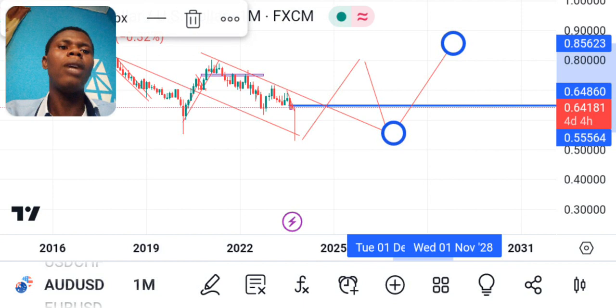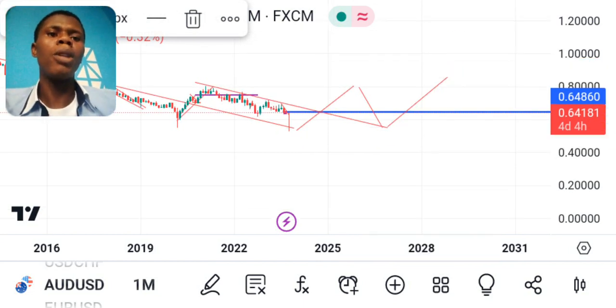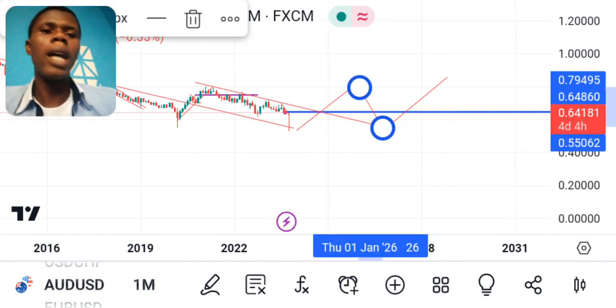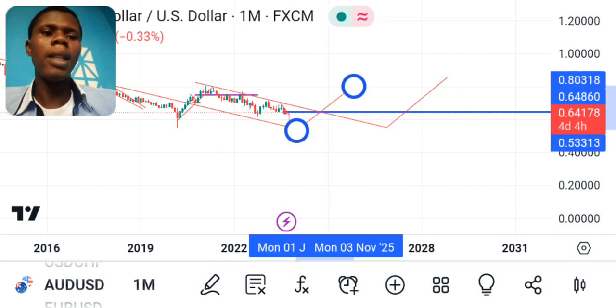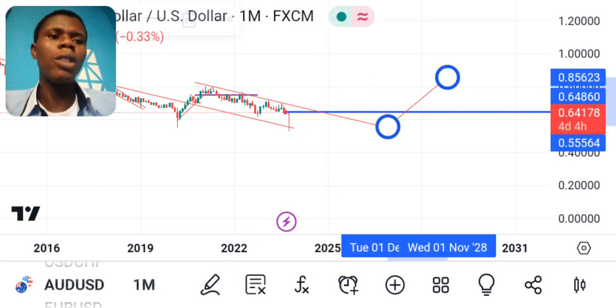But I doubt this is going to happen. The reason is that the momentum of these candles is big, so it's not going to happen that way. But let's stick to what I was saying.